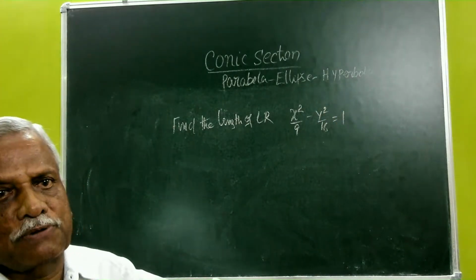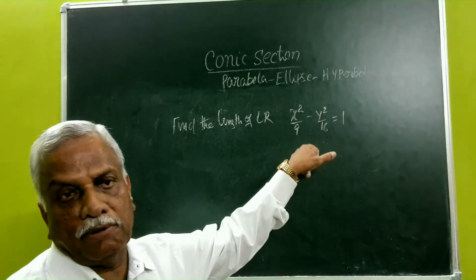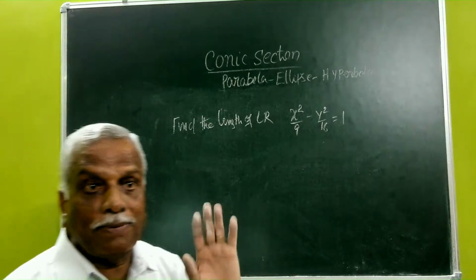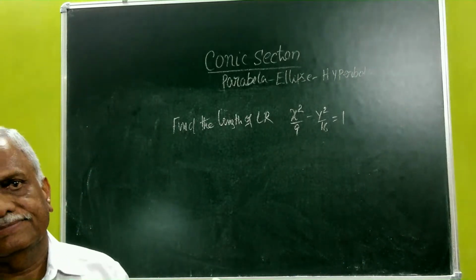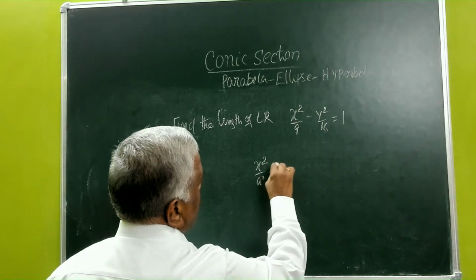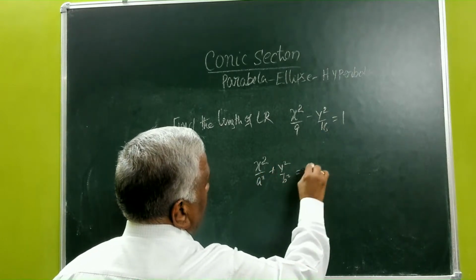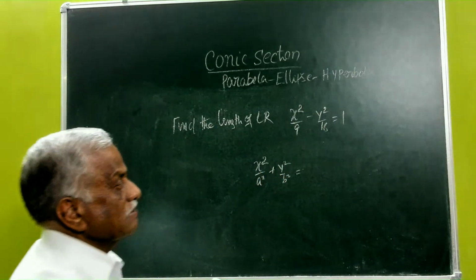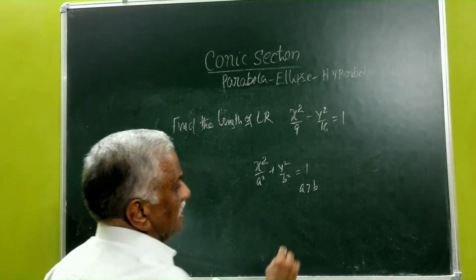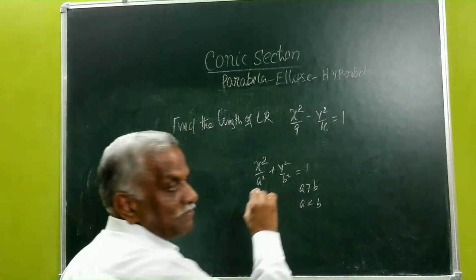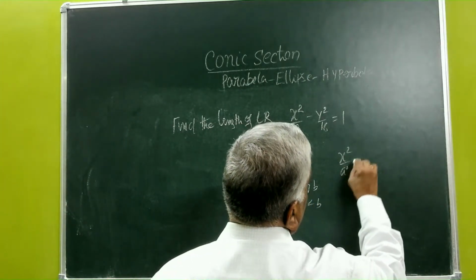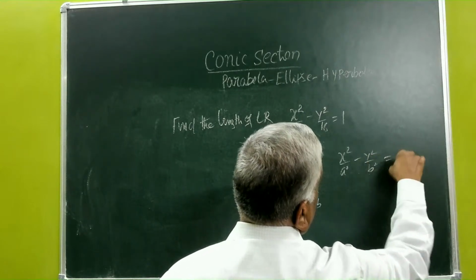The purpose of giving this problem is, we remember A is greater than B or A is less than B. Please note that is not applicable for hyperbola. In case of ellipse, A greater than B is called first type. If A is less than B, then it is called second type. Whereas in case of hyperbola, the first type is x square by a square minus y square by b square equals 1.